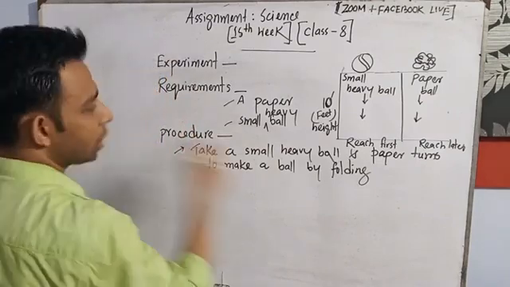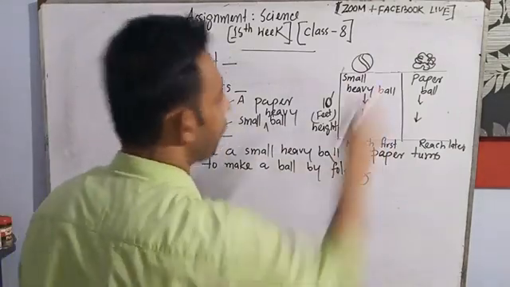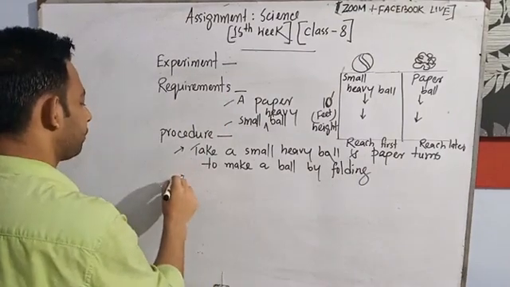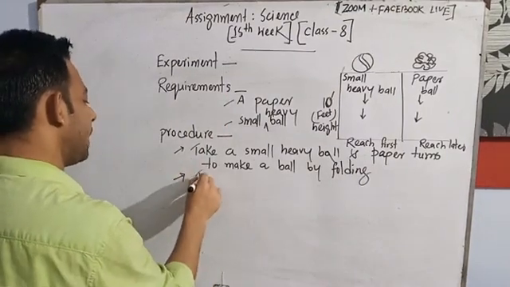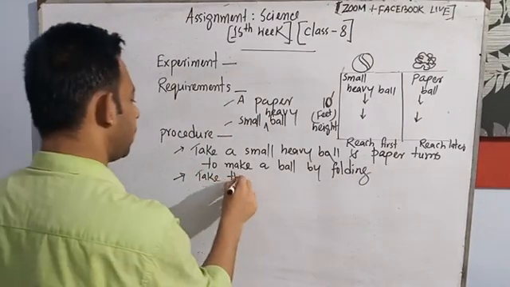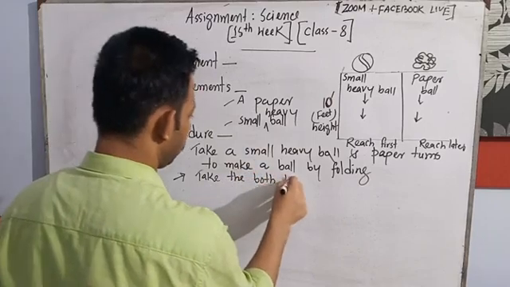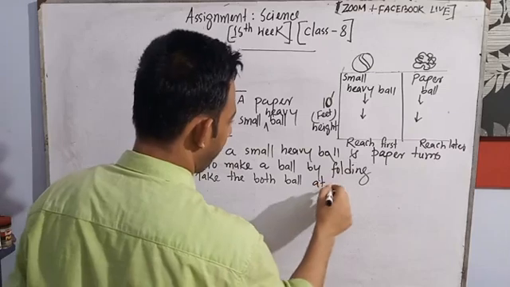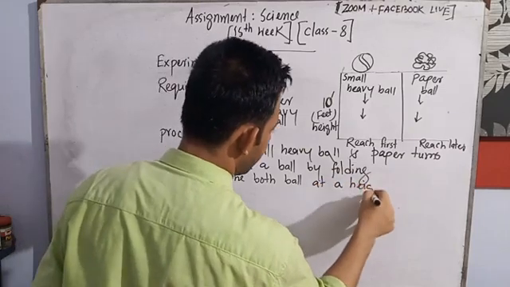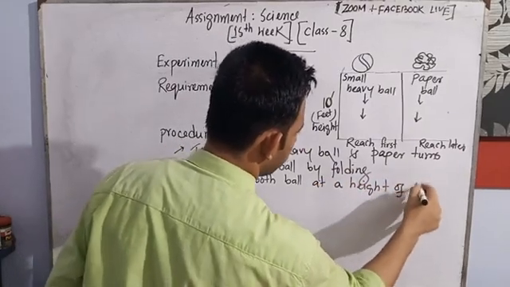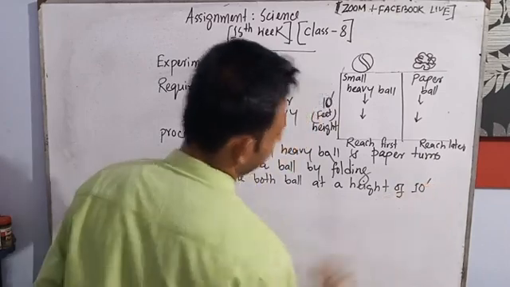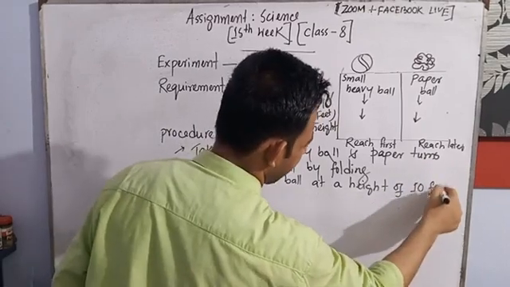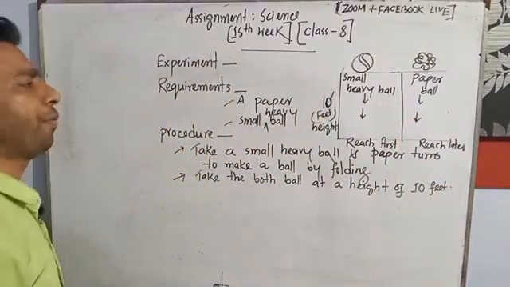Okay, so take a small heavy ball and paper turns to make a ball by folding, and then take both balls at a height of 10 feet. I can write in sign, but you can write better for 10 feet.